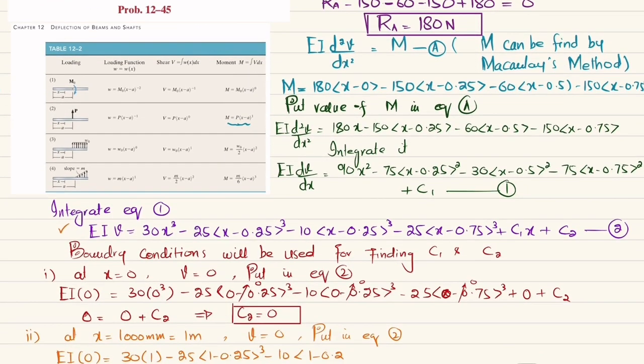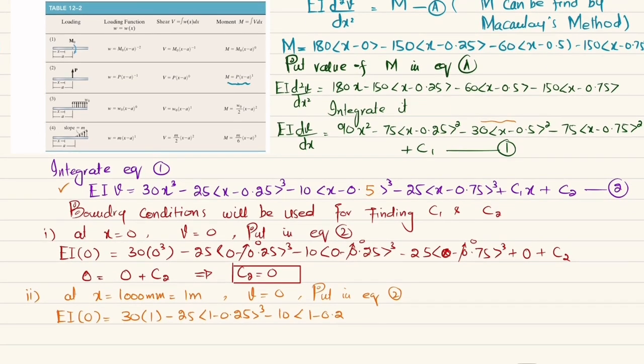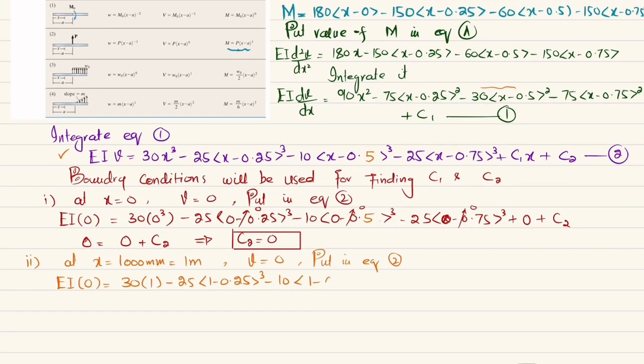Let me check it over here. Okay, I had a mistake. You can see this is 0.25, so this is 0.5. Correct it. This is 0.5, so this was also 0.5, but that is negative.